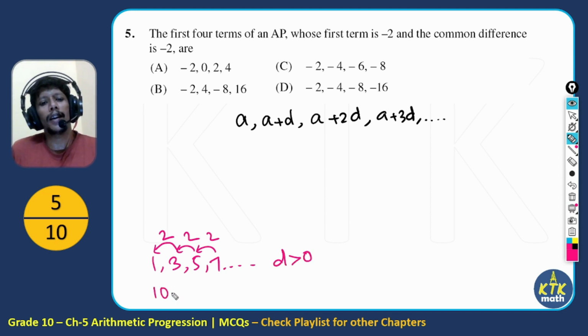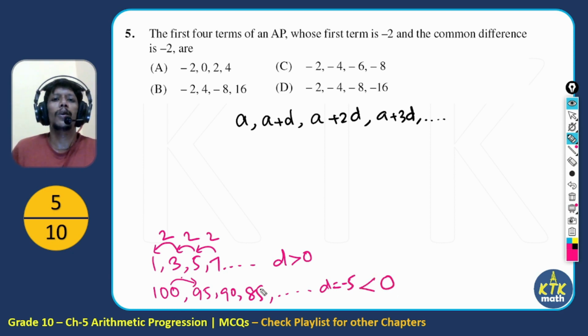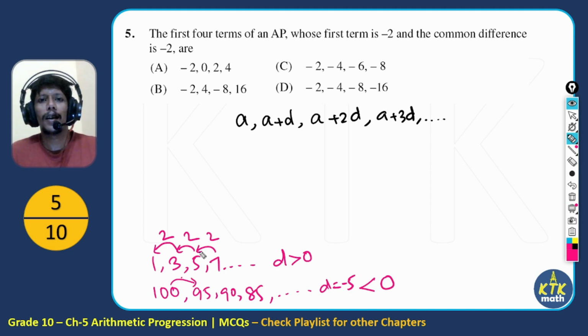In case I am writing another AP sequence, 100, 95, 90, 85, in this case you will be writing 95 minus 100. In that case your D will be -5, which is less than 0. So you need to understand, when an AP sequence is moving in increasing direction, your D will be positive. When it is in decreasing direction, your D will be negative.